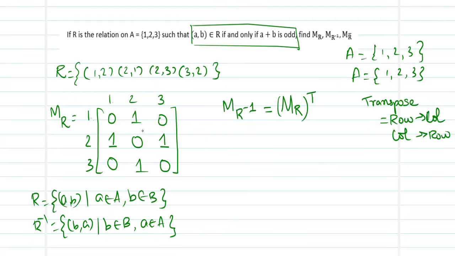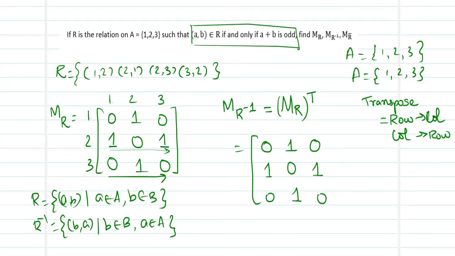So what we do is, we make the first row 0, 1, 0 become the column 0, 1, 0. The second row now becomes my second column 1, 0, 1. The third row now becomes my third column 0, 1, 0.